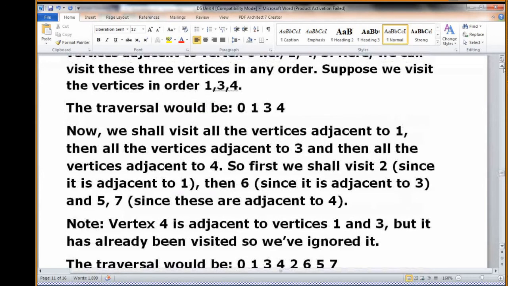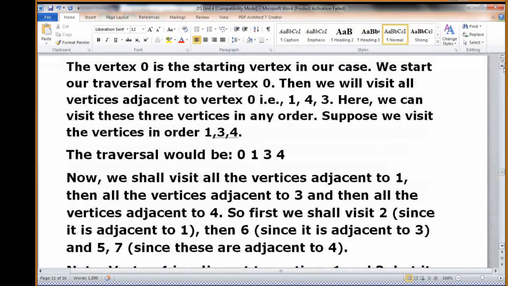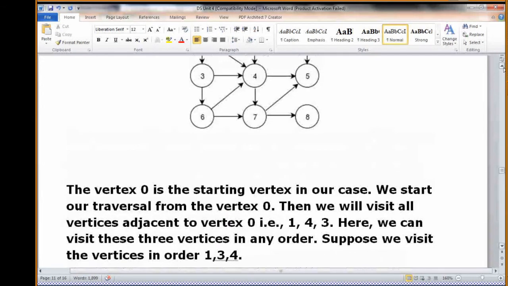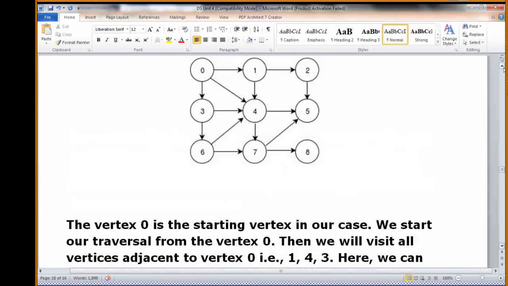Step by step: first the root node is 0, 0 to 1, next 0 to 3, next 0 to 4, so 0, 1, 3, 4.